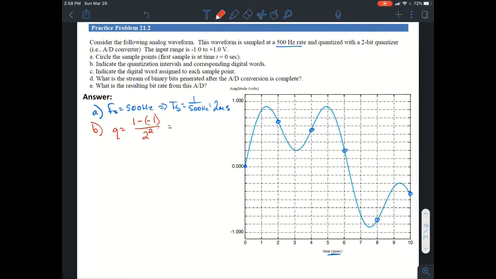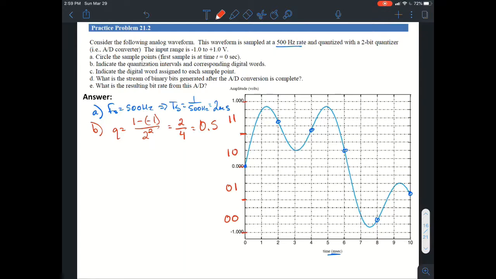So that's 1 minus -1 over 2 squared, so we have 2 over 4 equals 0.5. With that, we're able to start marking out our individual quantization intervals. That is right there, this is there, there, and here. Now we can start from the bottom and label those binary words, I say "words" in quotes: 0 0, 0 1, 1 0, and 1 1.